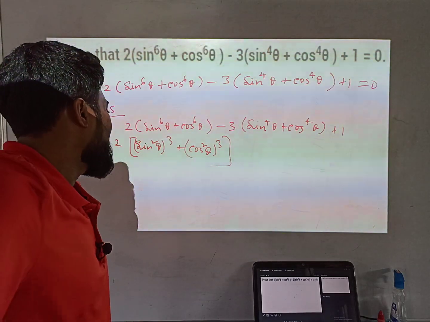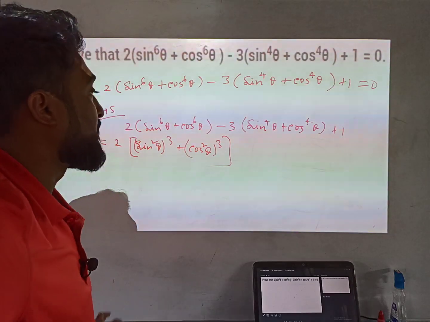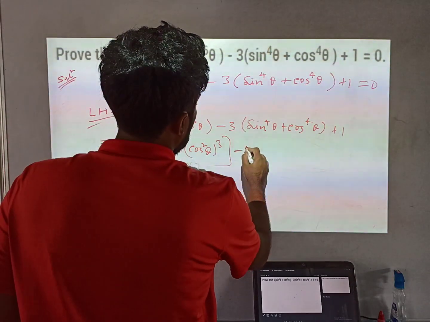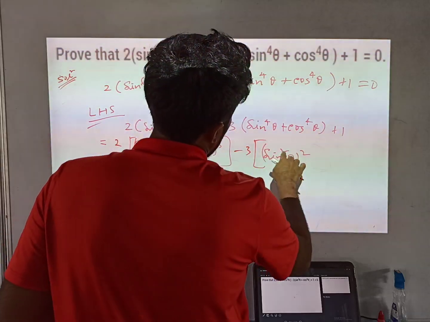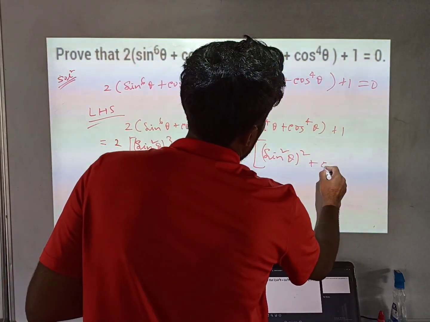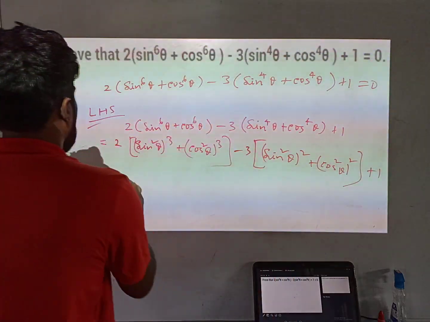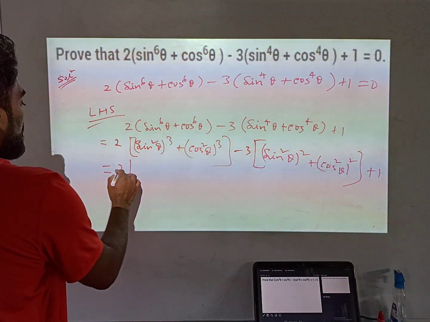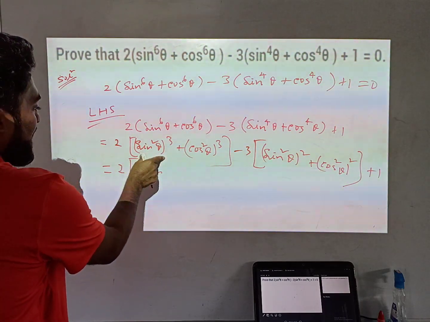It is (a plus b) whole cube minus 3ab into (a plus b). We know that. In the same way, I will keep square inside and outside again square for the fourth power, similarly (cos square) whole square. Now outside I will write 1 as it is given. Now in the a cube plus b cube formula, this is a, this is b.